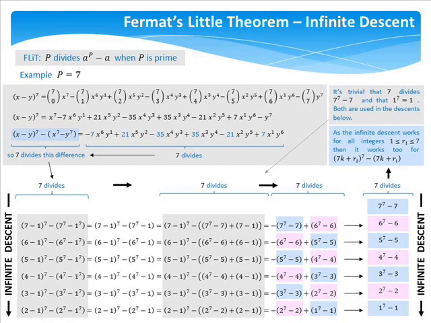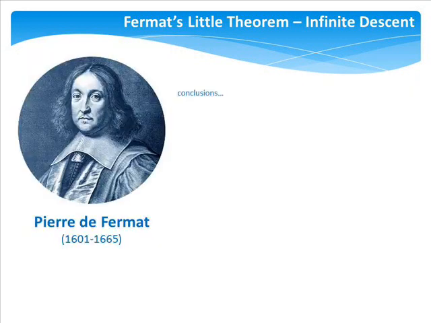As the infinite descent works for all integers r sub i equal or bigger than 1 and equal or smaller than 7, then it worked too for 7 times k plus r sub i raised to 7 minus 7 times k plus r sub i.